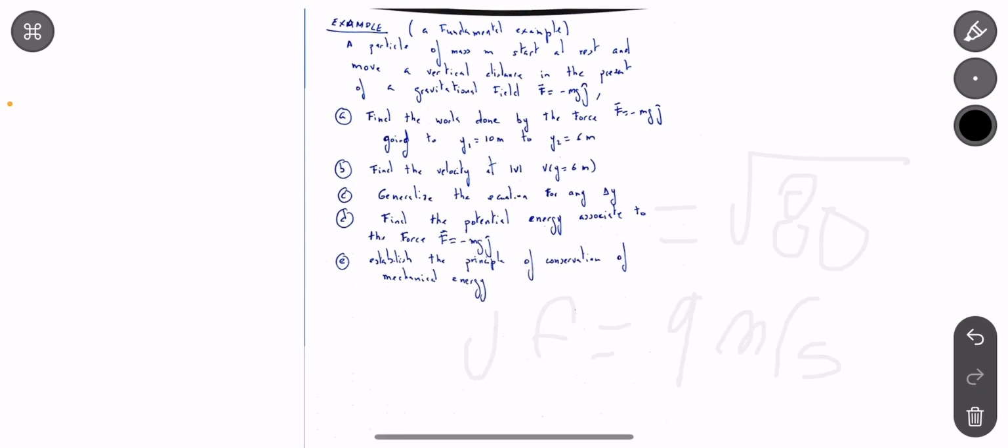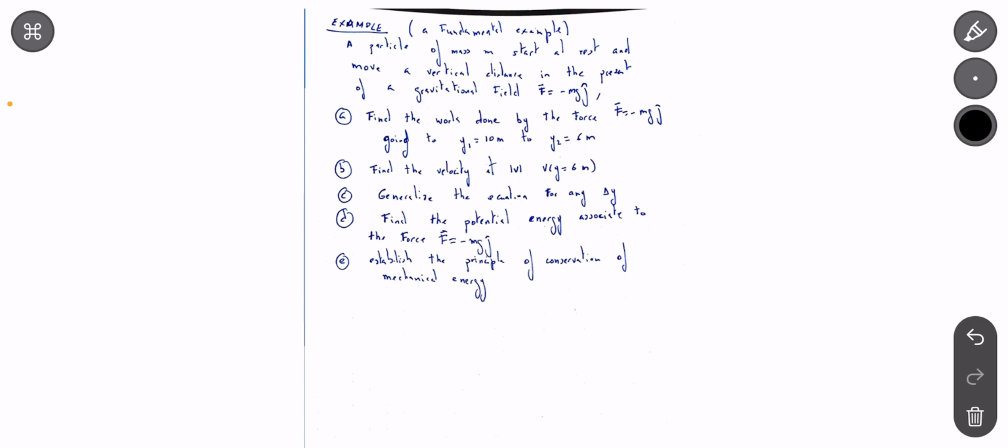Move the drawing. So that's for B. We found out that B was 9 meters per second. Now if we continue on to C, we're talking about generalizing the equation for any y differential.